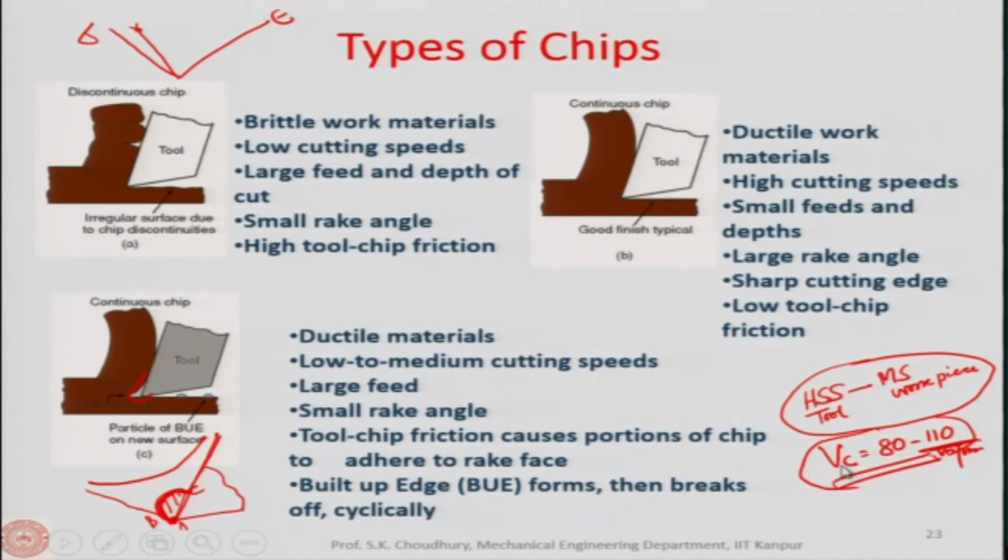Now, if the velocity becomes more than 110 meter per minute in the case of mild steel and high speed steel, then the temperature will be more than the temperature of recrystallization of the workpiece material.